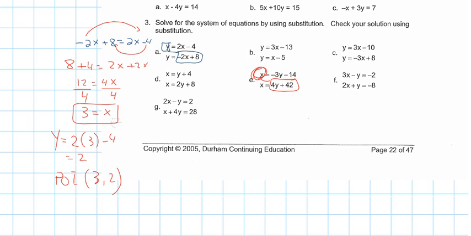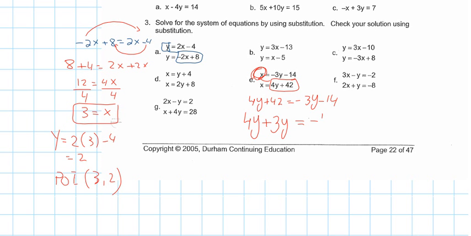So I replace this x with 4y plus 42 equals negative 3y minus 14. What do you want to do? Move the negative 3y over, and then move the 42 to the right. Okay? So that will be 4y plus 3y equals negative 14.